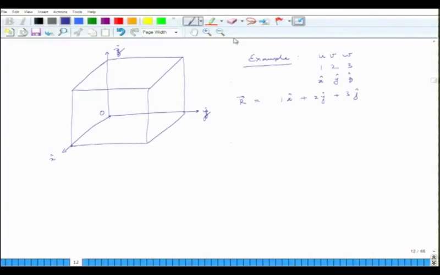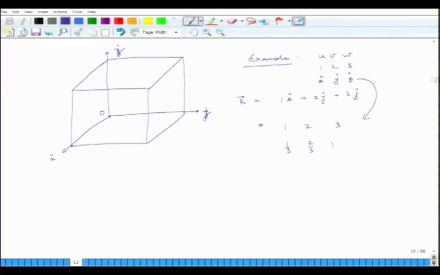So, you will go out of the unit cell. That is not desirable. What I can do instead is divide 1, 2, 3 by the largest integer, which is 3, giving 1 by 3, 2 by 3 and 1.